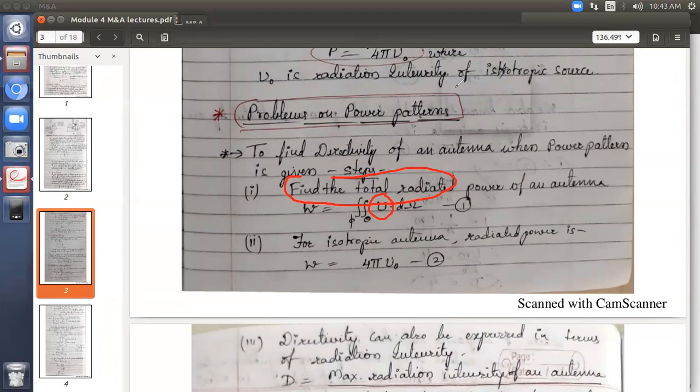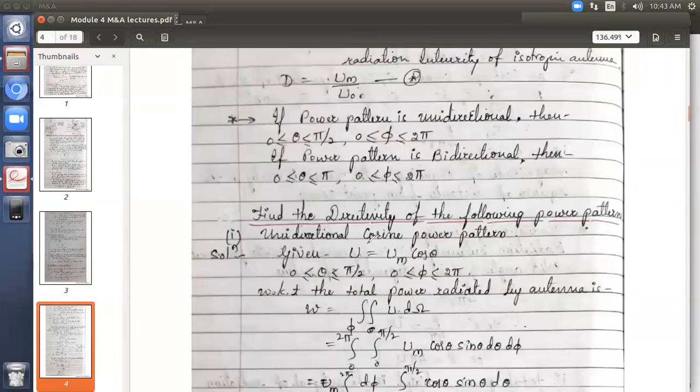So given the cosine pattern, I will write U equals Um cos theta. This is the amplitude, this is the angle. Now one more data is given to you. It is unidirectional. So the range of theta and phi you should first list out. Unidirectional, only 90 degrees, 0 to pi by 2, and phi is anyhow 0 to 2 pi.